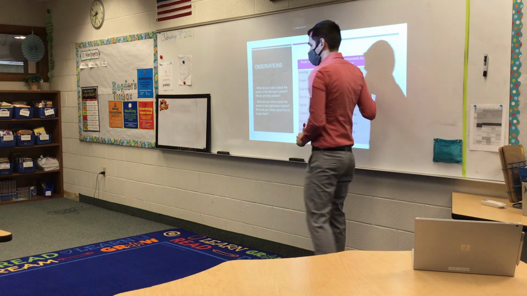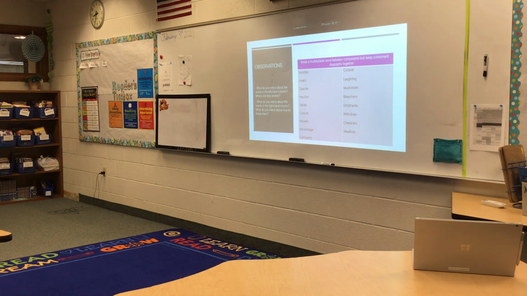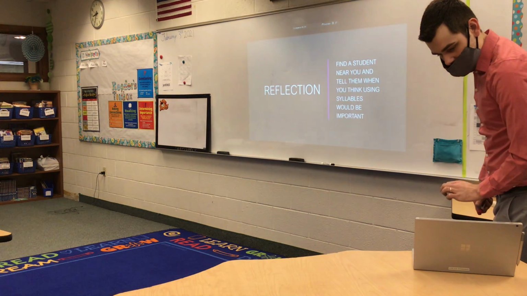They are broken where one side is a consonant and one side is a vowel. But on the left side, when it's broken, all the words are just consonants where the spot splits. Okay, good. Yeah, that's what we're looking for there.